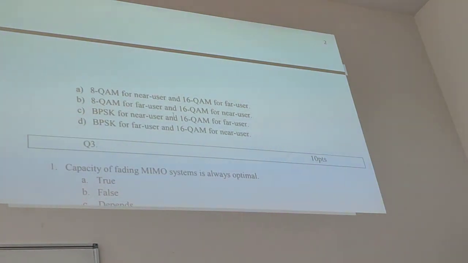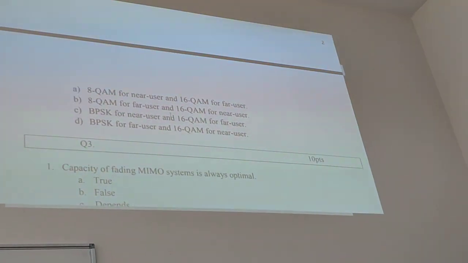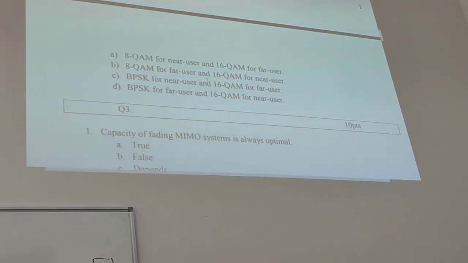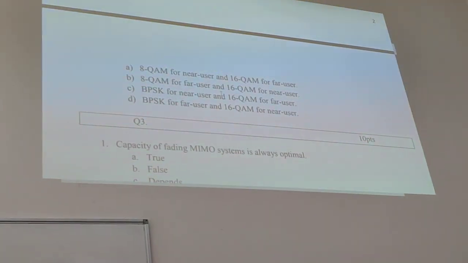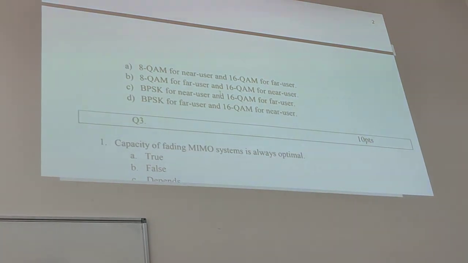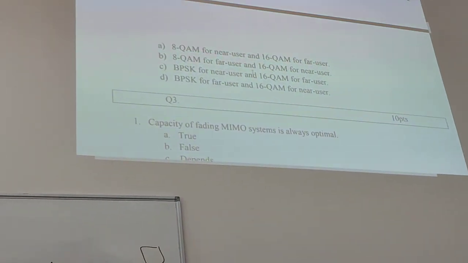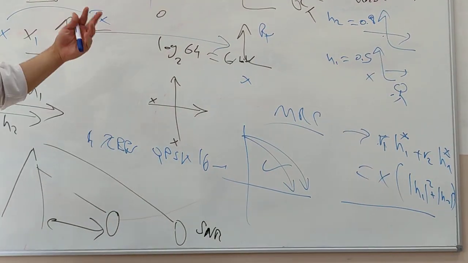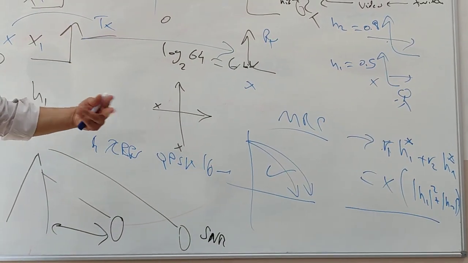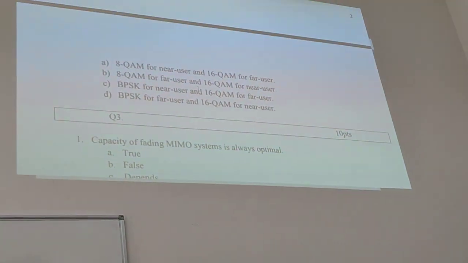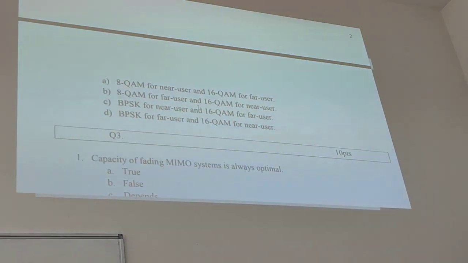It's D. BPSK for far user. We don't have anything lower than BPSK, so we want high reliability for this guy. And we can tolerate, because here it's close, high SNR, it's not in a bad condition, I can speed up the internet for this guy who's near the base station. So it's obviously D.